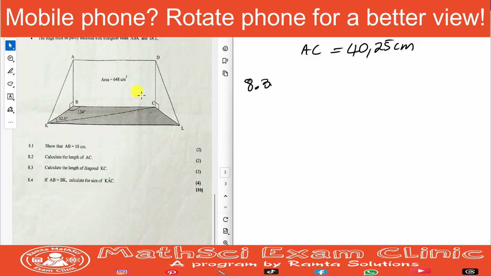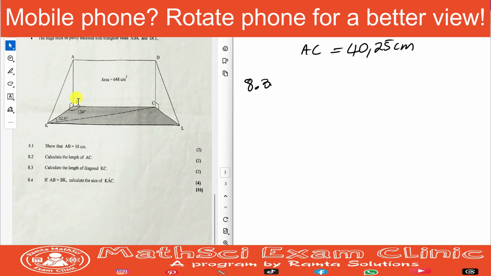So note, you basically know what BC is, right? And then you are required to find KC. So KC is a side that is opposite angle KBC. You also know BC, and BC is a side that is opposite angle BKC. These angles are given.